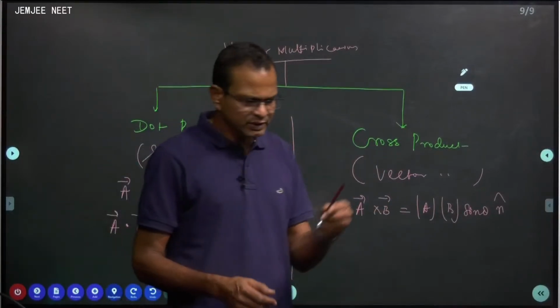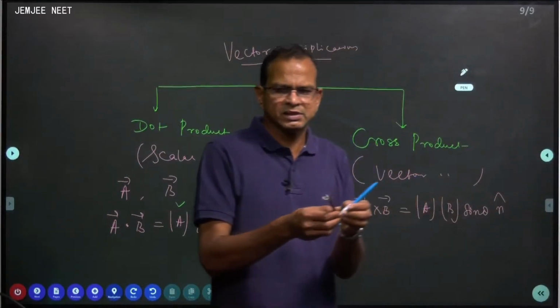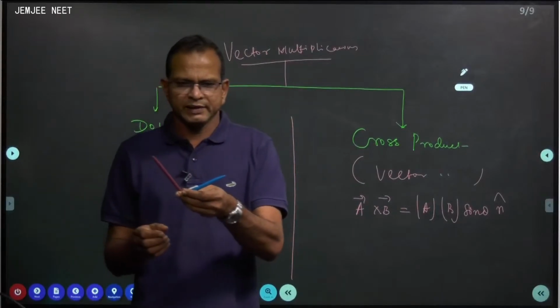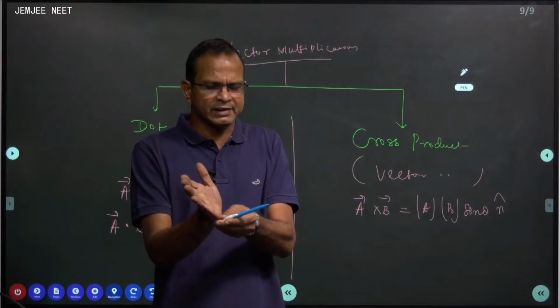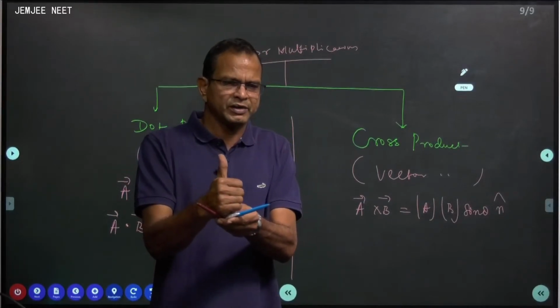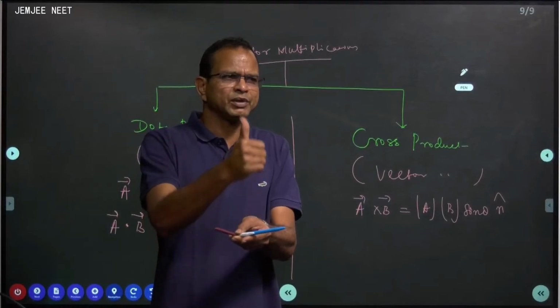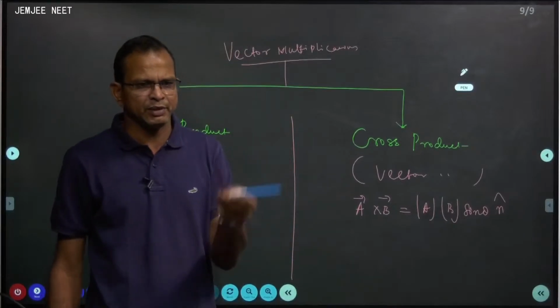Now this is A vector and this is B vector. These are the two vectors I am using. When I calculate A cross B, the rule is the right hand thumb rule. When you curl your fingers from A vector to B vector, the thumb gives the direction of n cap, that is, the direction of the product.